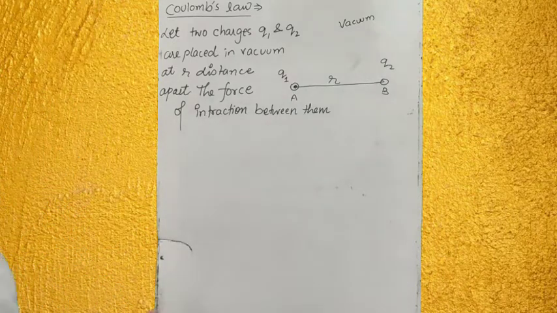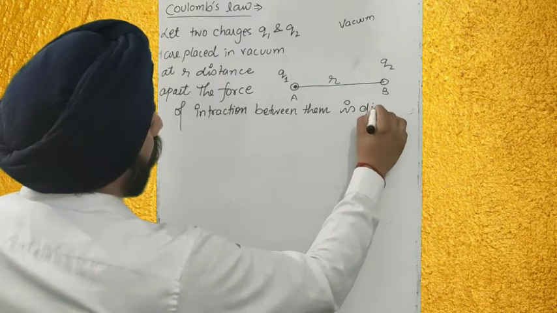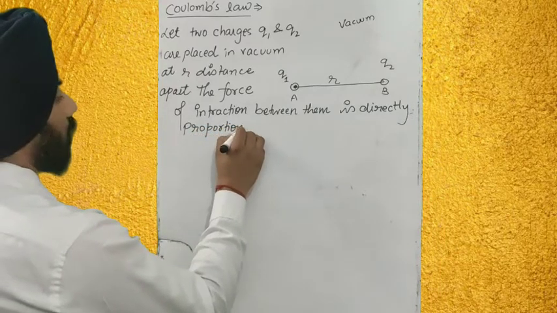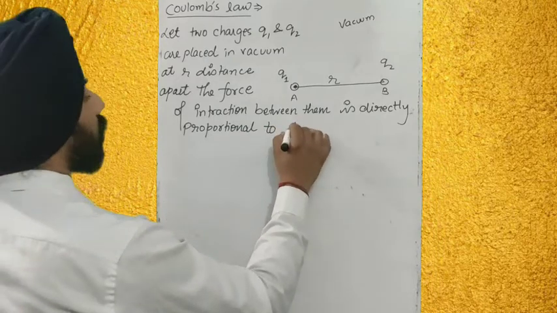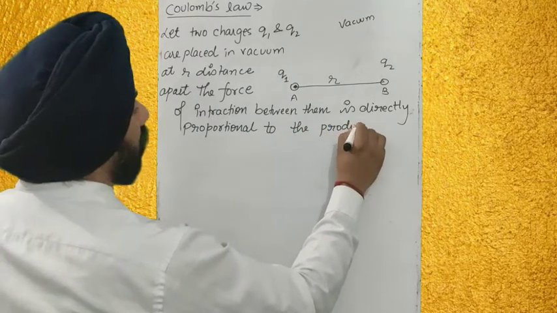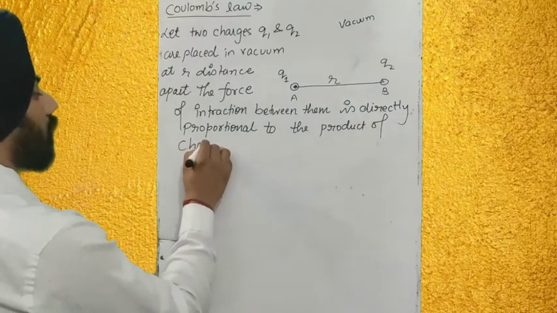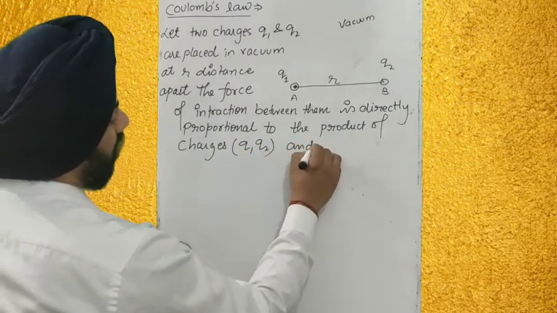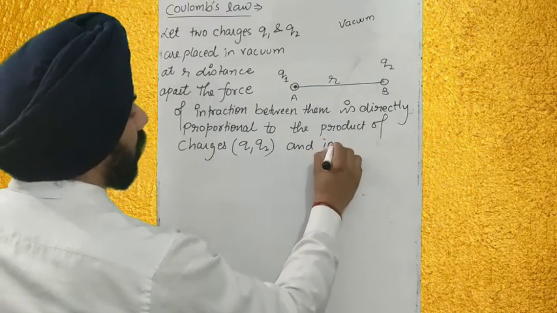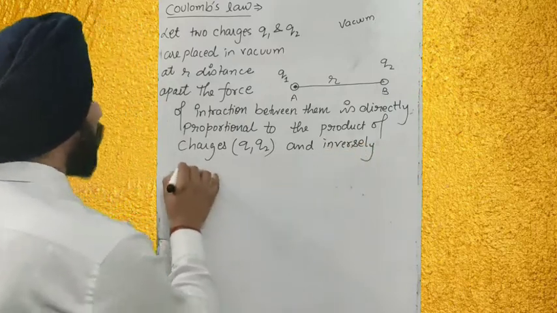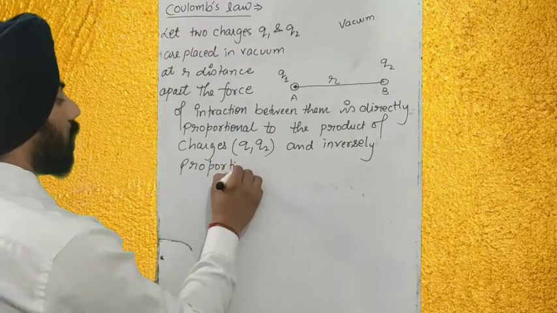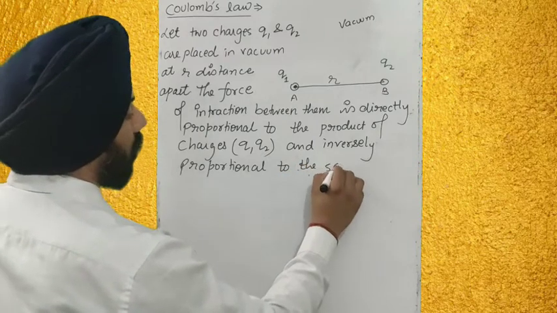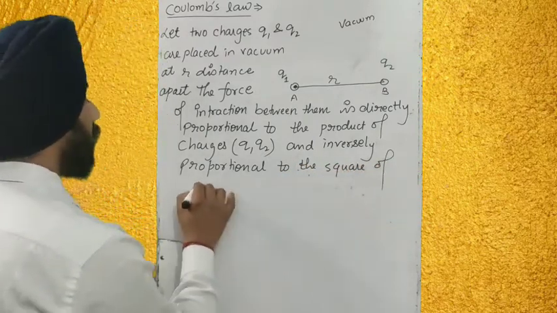Okay, so the force of interaction between them is directly proportional to the product of charges, and the product of charges will be Q1 into Q2, and inversely proportional to the square of the distance between them.